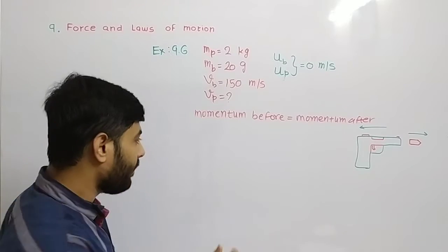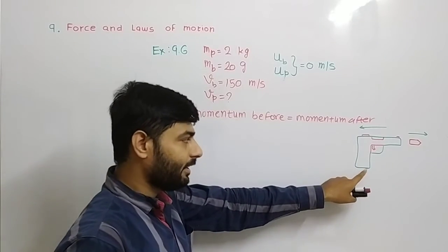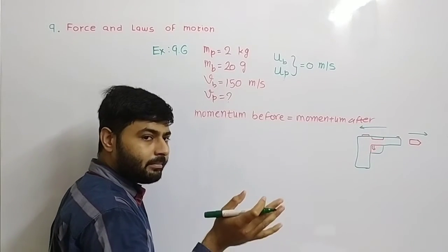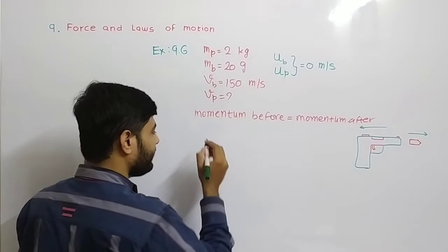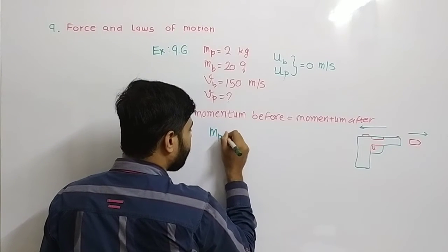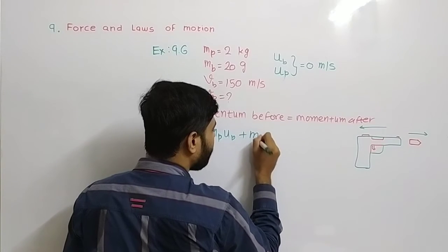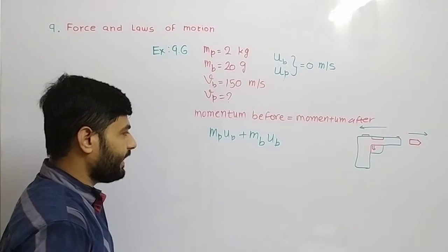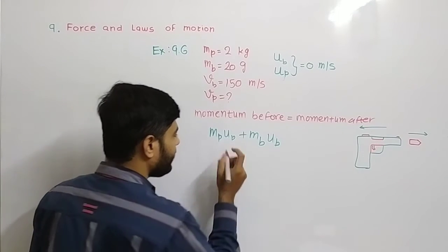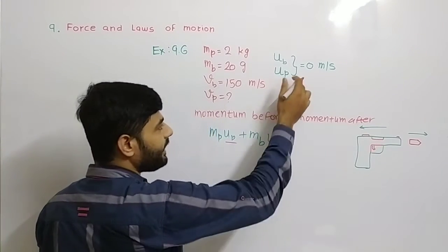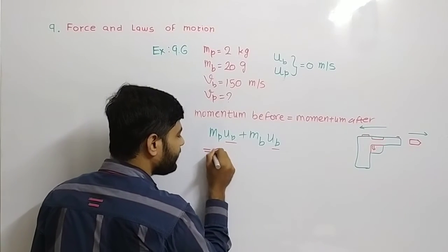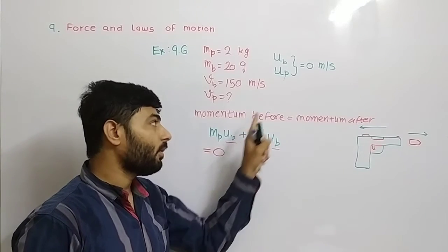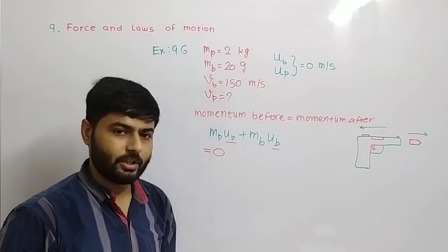That is the total momentum of bullet plus pistol. So momentum before fire is MP UP plus MB UB. UP and UB are 0, so this is 0, which means momentum before firing is 0.